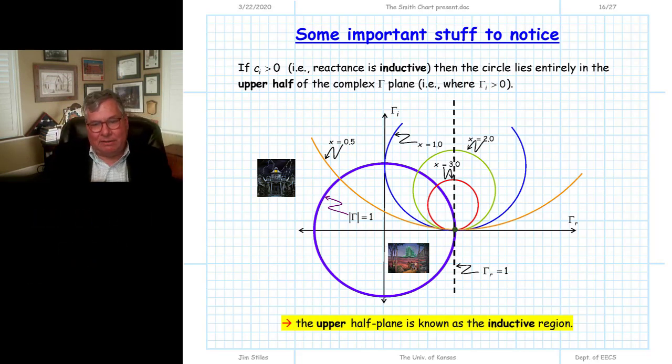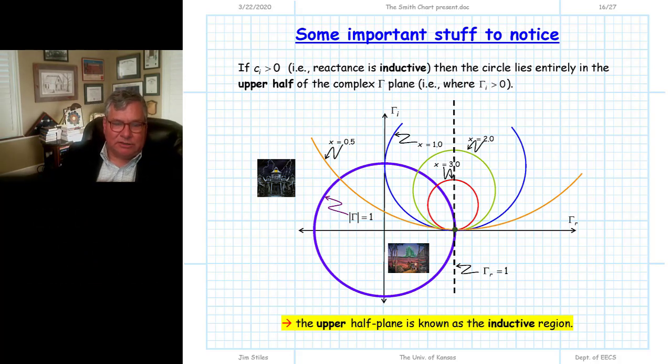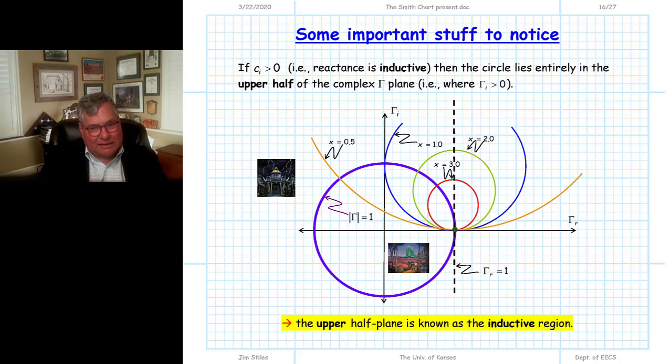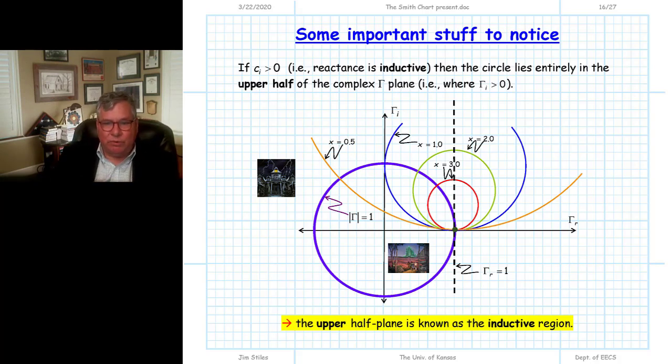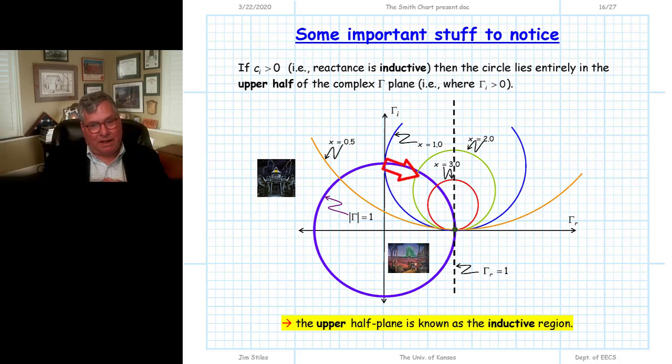Another thing to point out that's very important here is that these circles where the reactance is constant, has some value of 2, for example, those circles neither lie completely in the valid region or outside the valid region. Part of every circle is within the valid region, and part of every circle is outside the valid region.